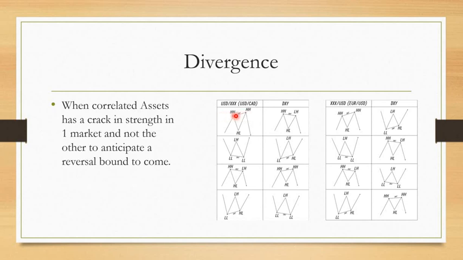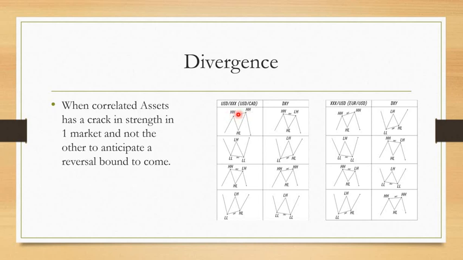Just because this is the stronger one, that doesn't mean we should be trading on this market or not this market. No, that just means a reversal is bound to come. When we see one being stronger than the other, and one creates a higher high and one creates a lower high, a reversal is about to happen. So we can anticipate this by finding that SMT, taking that sweep of buy side liquidity and translating it over to this market, and then finding a setup from there to be bearish.